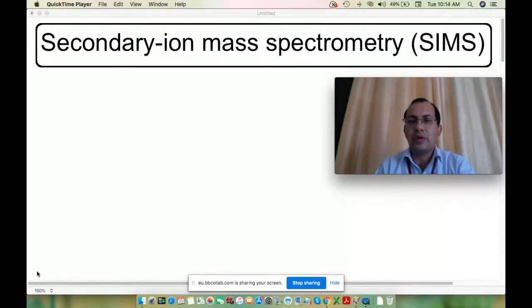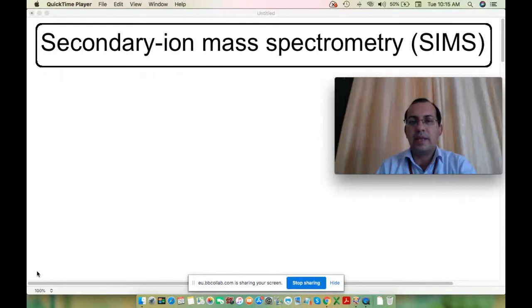Later on, we can go into the details of secondary ion mass spectrometry and how this setup can be used to get real-time information about the sample. With SIMS measurements, we can determine the elemental composition and know what type of elements are present in the system.